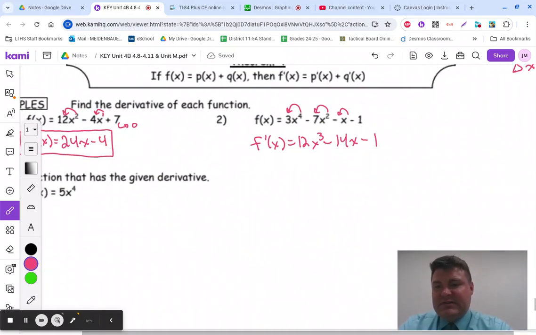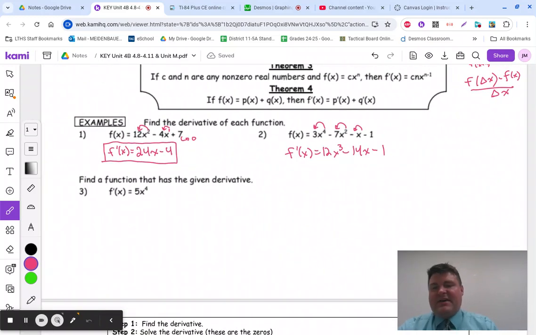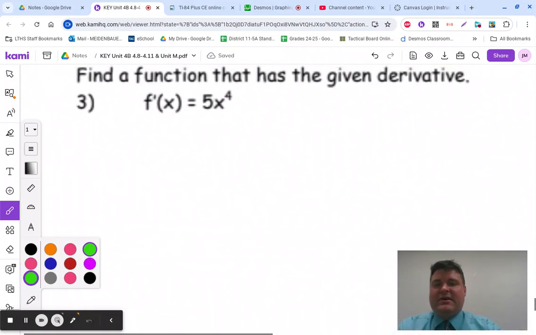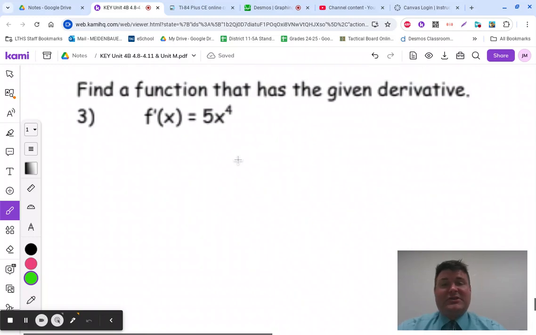Let's go backwards. If I have 5x to the 4th, what is a possible derivative to have for this? This is already giving me the derivative. So if I go backwards now, what would this be? So the answer, it's like Jeopardy. The answer is 5x to the 4th. What's the question? So what's the function?